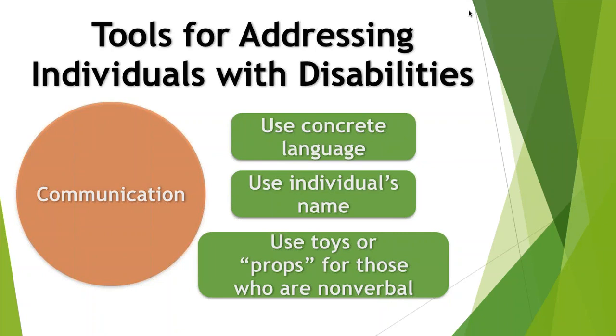It's not that you're going to array a bunch of props on the desks to try to communicate every possible situation, but just think about what's in the environment and how you can use different things in the environment as props, so to speak, to help folks understand or help you communicate with folks in some different ways.